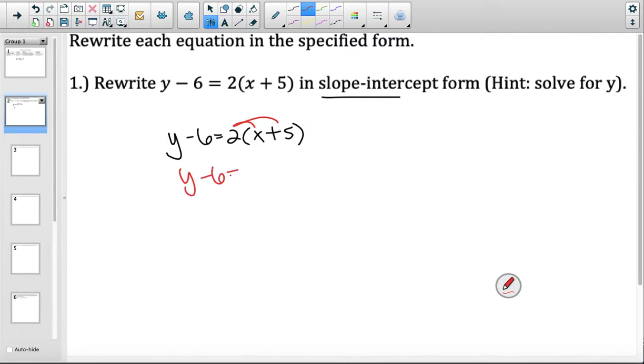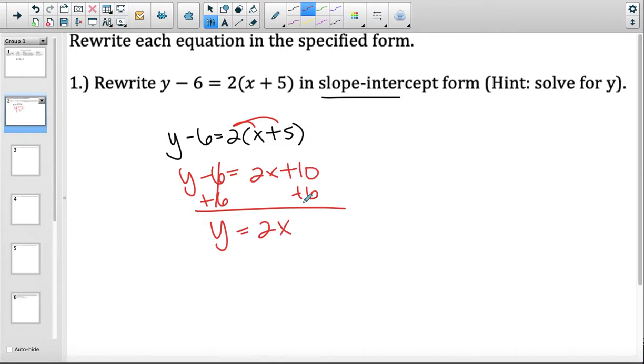So y minus 6 equals 2x plus 10. Last step, let's get rid of this negative 6, so let's add 6 to both sides. I'll add the 6 to the 10, as they would be like terms over here. Leaves me with y by myself, and 2x plus, 10 plus 6 is 16. So y equals 2x plus 16.